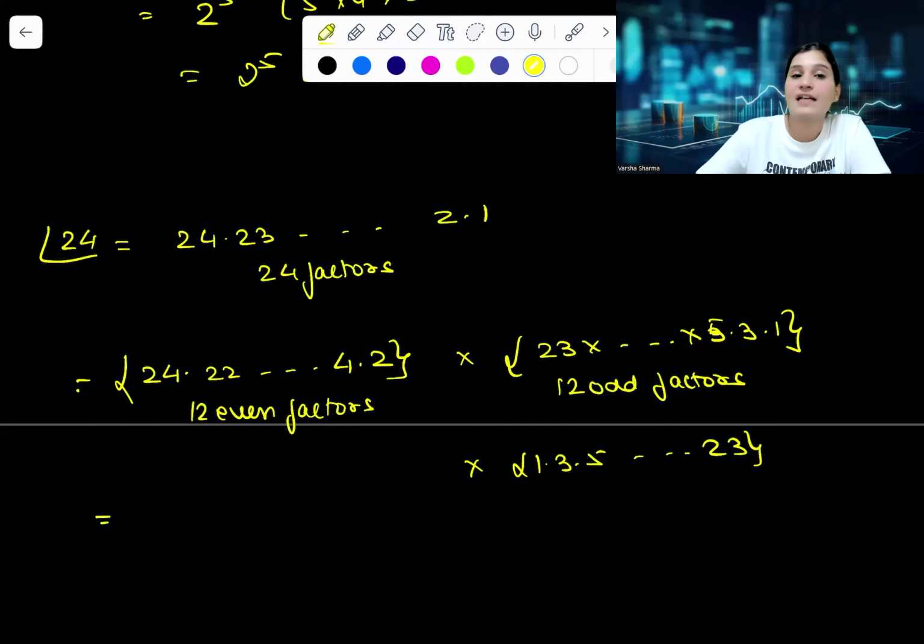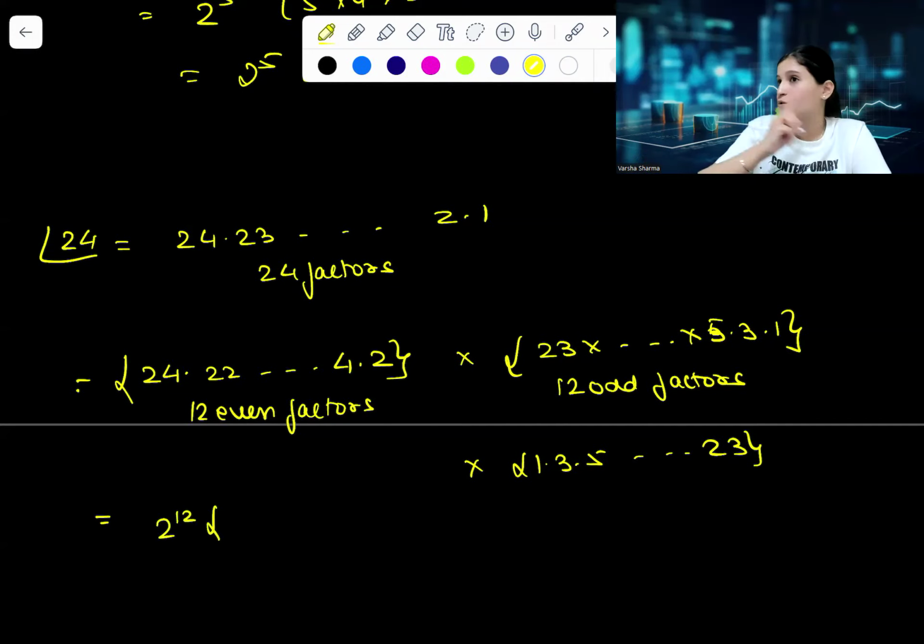Now, in case of even, since it's multiplication, I can't take 2 common. But each of the numbers can be written as a product of 2. 24 is 2 into 12, 22 is 2 into 11, 4 is 2 into 2, 2 is 2 into 1. How many 2's will come? 12. Each of the even numbers will give you a power of 2, so I'll get 12 times.